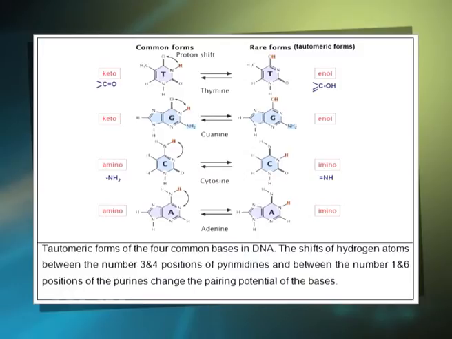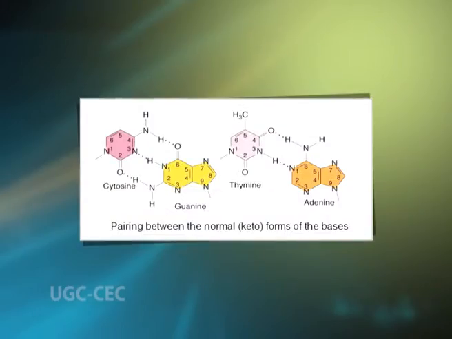Here in this figure, you can see the tautomeric forms of the 4 common bases in DNA. The shifts of hydrogen atoms between the number 3 and 4 positions of pyrimidines and between the number 1 and 6 positions of the purines change the pairing potential of the bases. Here in this figure, you can see the pairing between the normal keto forms of the bases.